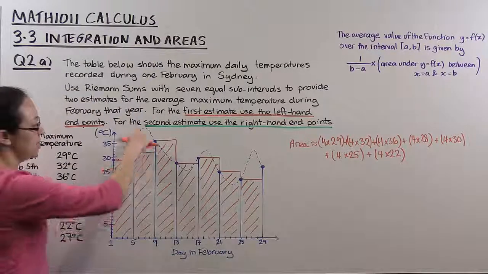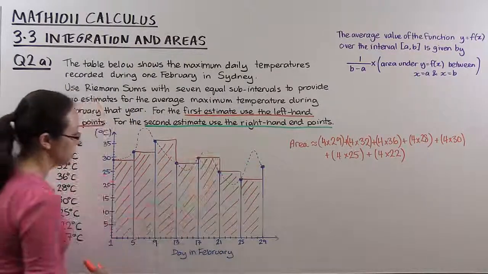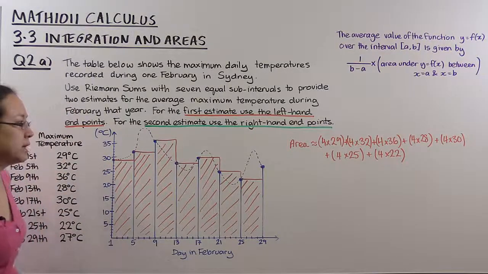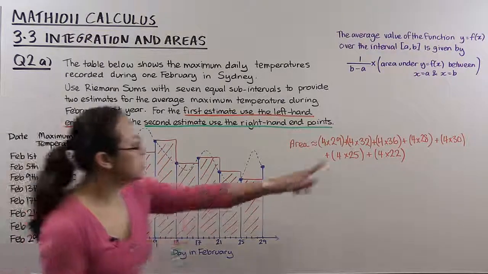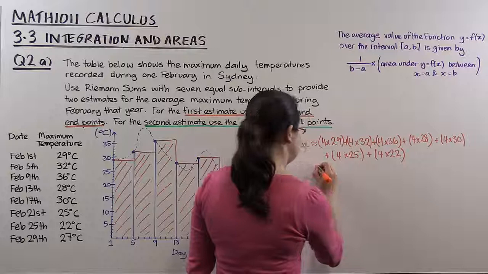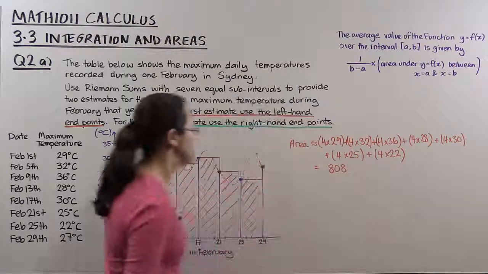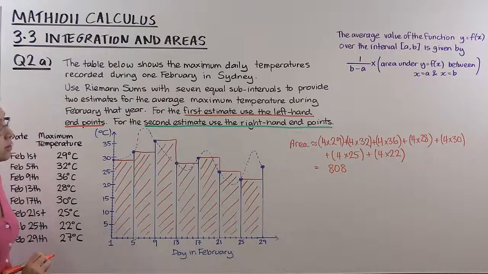So I'm estimating the area under this temperature function using the leftmost endpoints as the heights of my rectangles in the Riemann sum. This calculation turns out to be 808. So that's an estimate of the area under the curve.